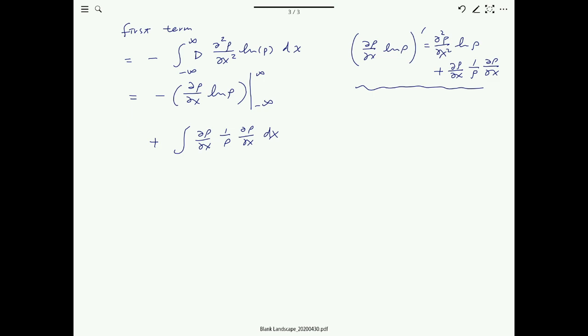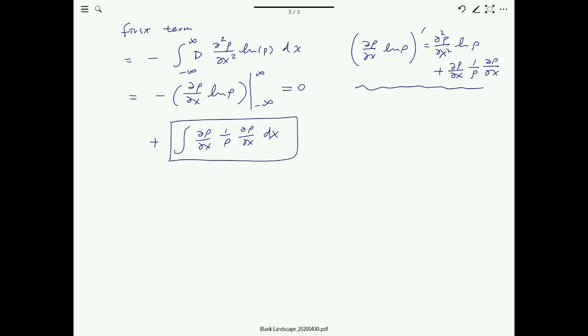It's not still finite when you go to infinity. So at infinity, it should go back to 0 quickly enough. In that case, partial rho partial x multiplied by log rho at infinity should give us 0.